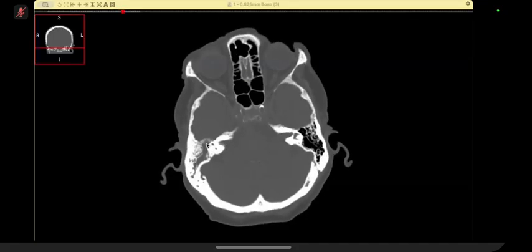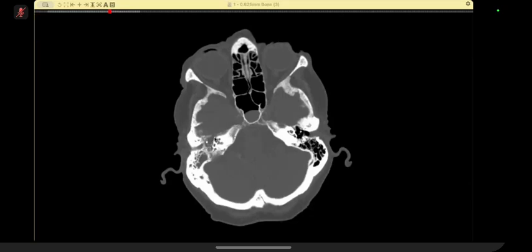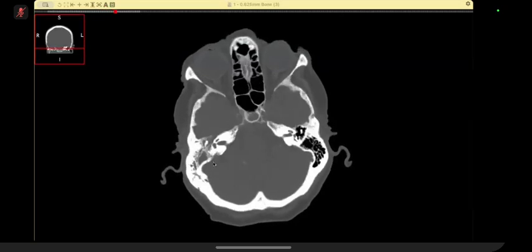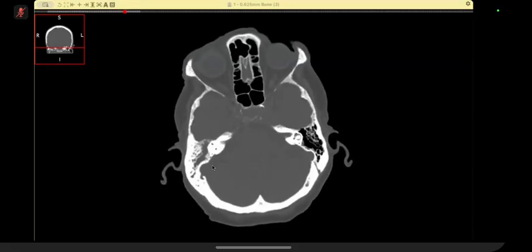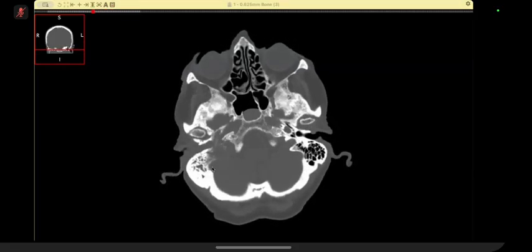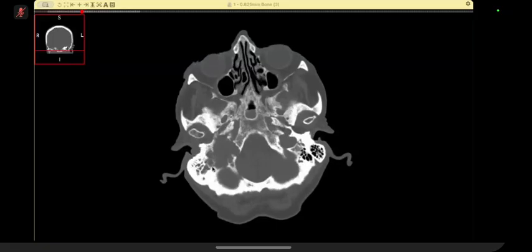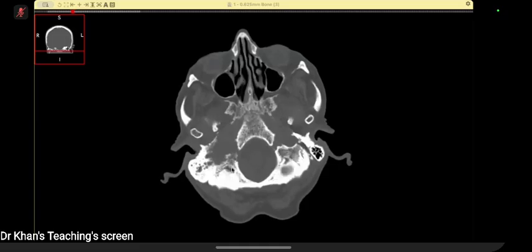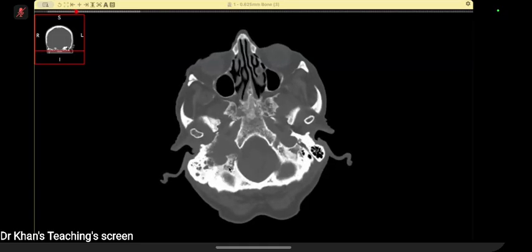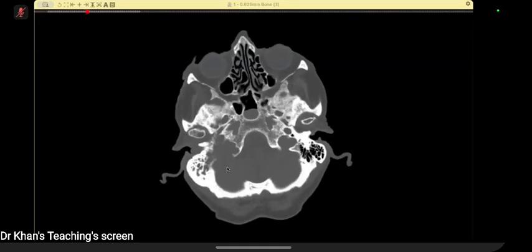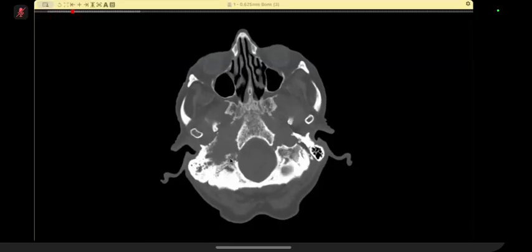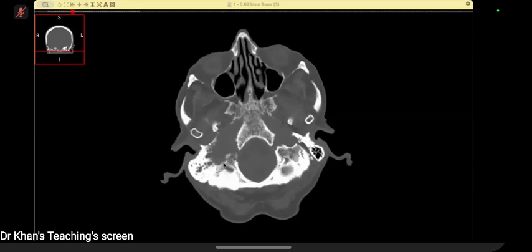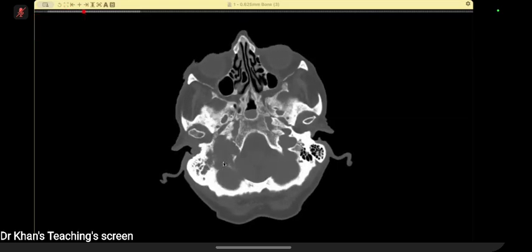There is also a defect in the tegmen tympani over here, and there is bony destruction in the region of the jugular foramen. It could be due to any mass lesion based in the region of the jugular foramen. I would like to proceed with the post contrast images if available.